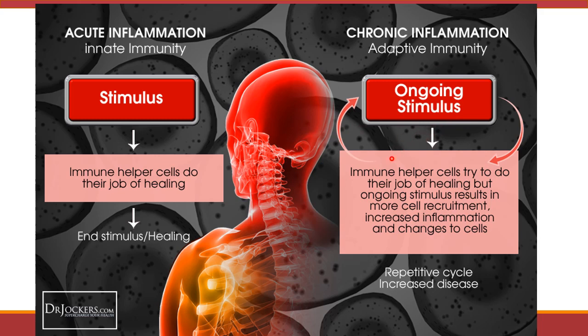So whatever the response of the immune cells to try to heal the area of damage or inflammation, this persistent stimulus keeps causing more recruitment of cells and increased inflammation.